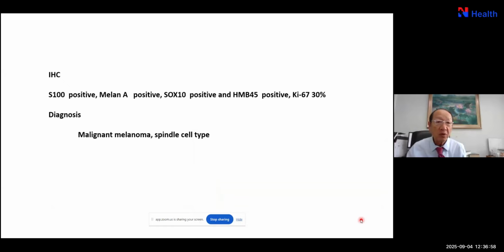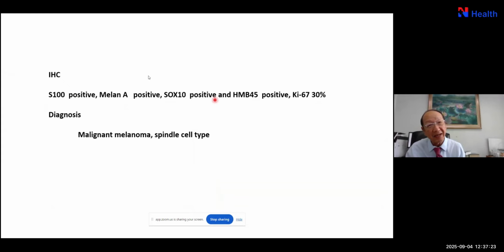We use immunohistochemistry, the S100, Melan A, SOX10, and HMB45. They are all positive. So this is diagnostic for melanoma. The Ki67, 30%, is high. So this is a malignant melanoma, spindle cell type.